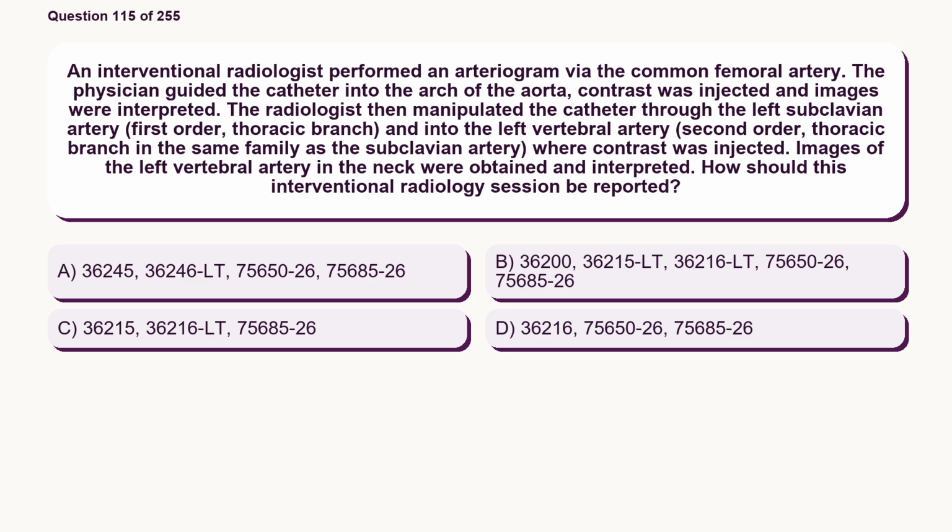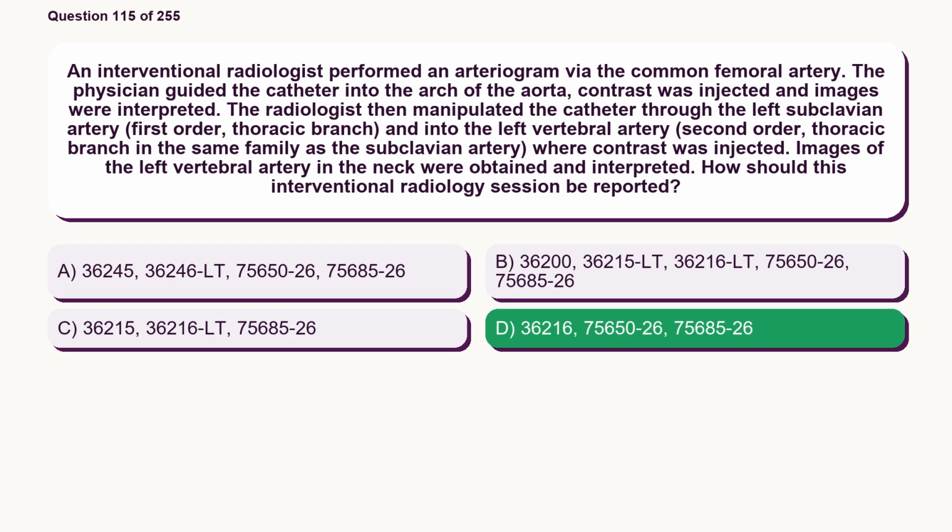Option C, 36215, 36216 LT, 75685 to 26. Option D, 36216, 75650 to 26, 75685 to 26. The correct answer is option D, 36216, 75650 to 26, 75685 to 26.